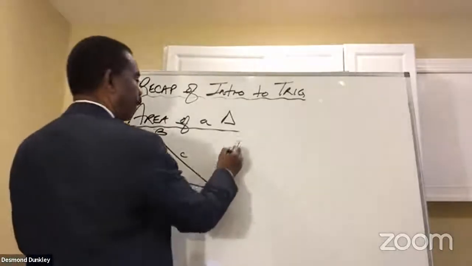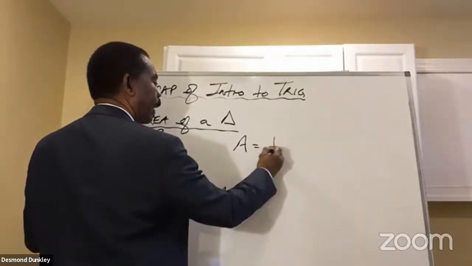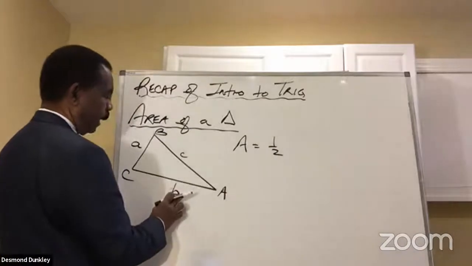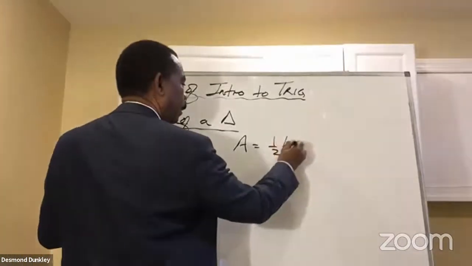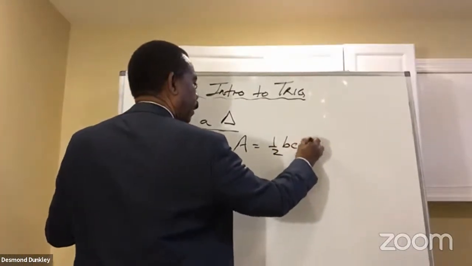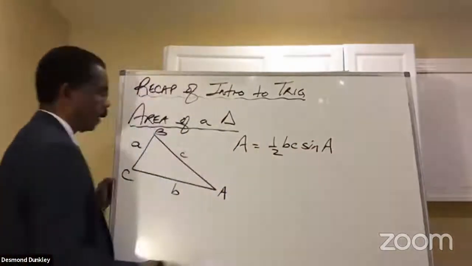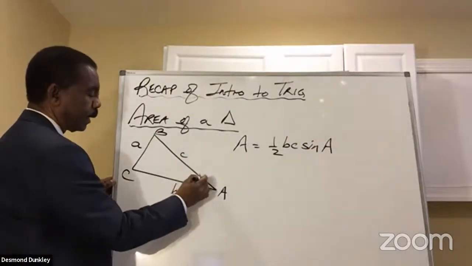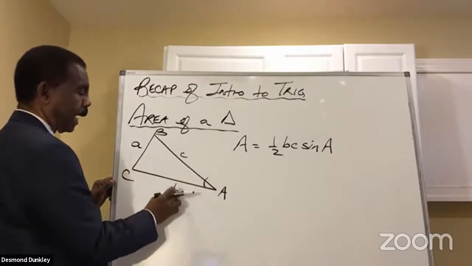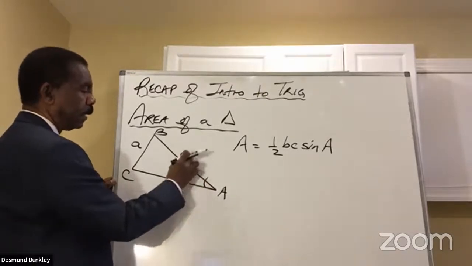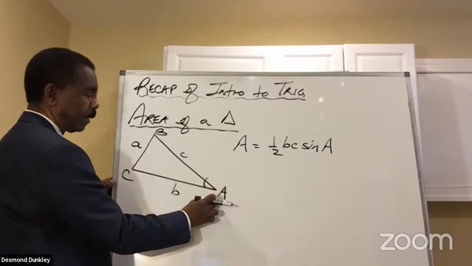It says here, area is equal to a half B times C sine. If you know these 2 sides and you know this angle, you can multiply a half times B times C times the sine of this angle.